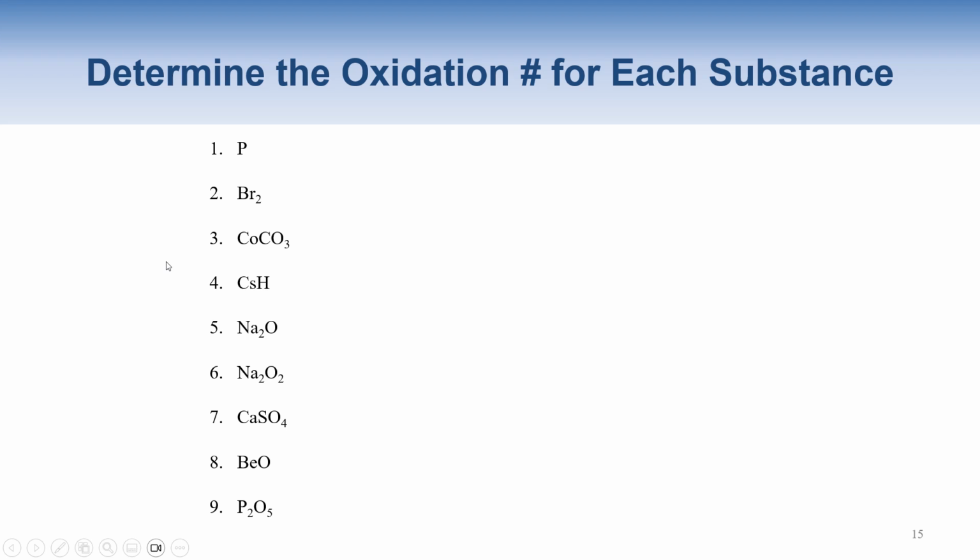So CsH. We have to find cesium on our table to determine electronegativity. So go to your table of electronegativity. Hydrogen is definitely higher, and cesium is a metal.